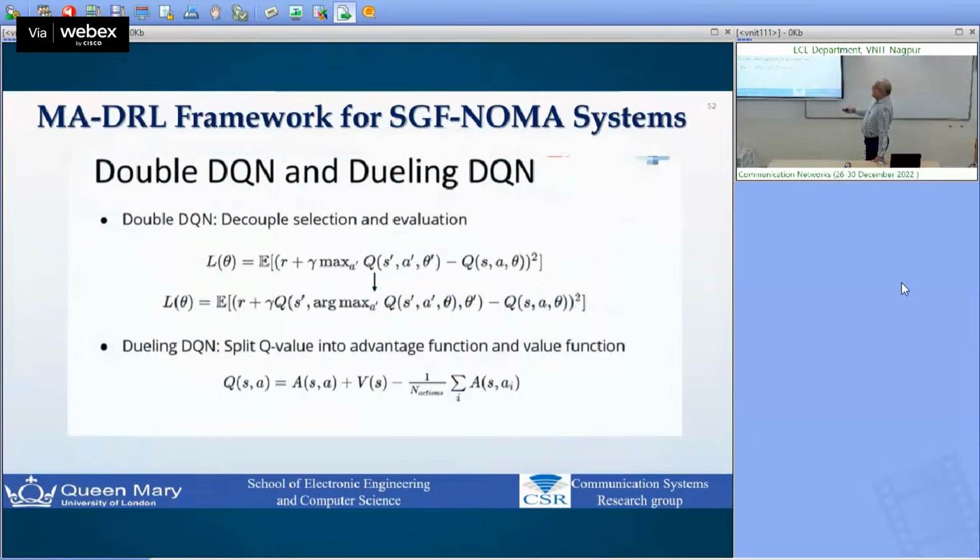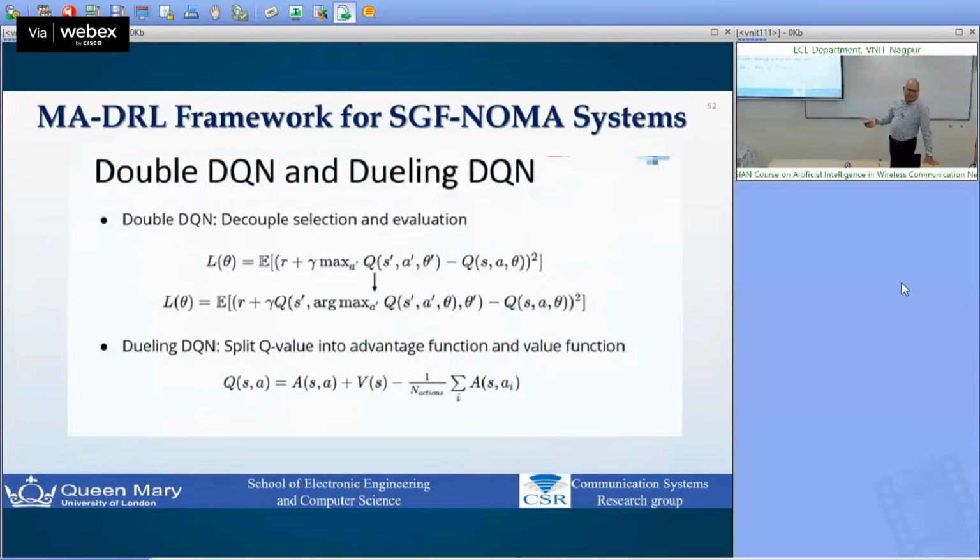Why is the Q value split like this? Because some states and some actions are not significant. We are going to have hundreds or thousands of states.